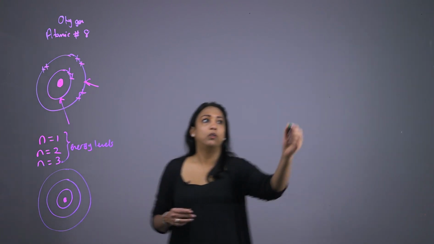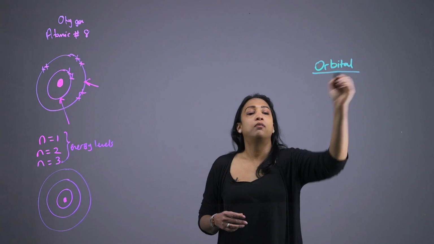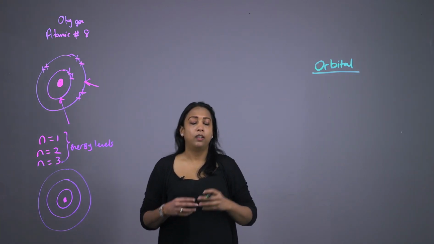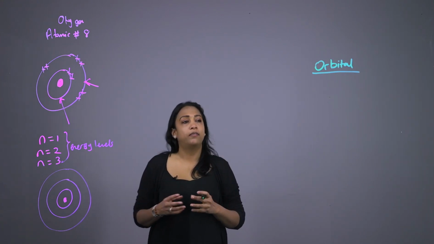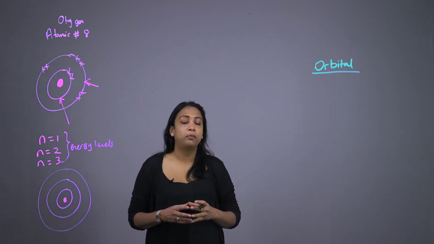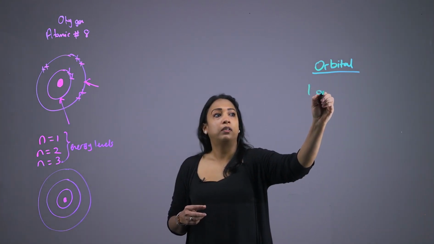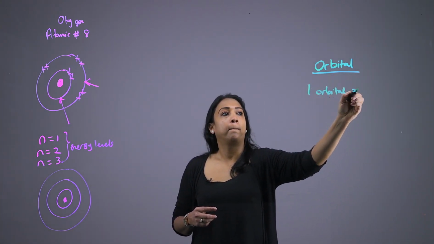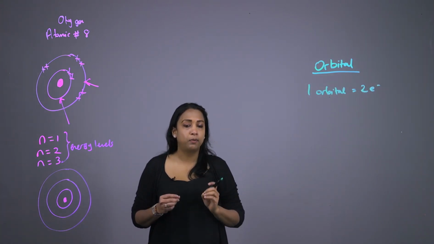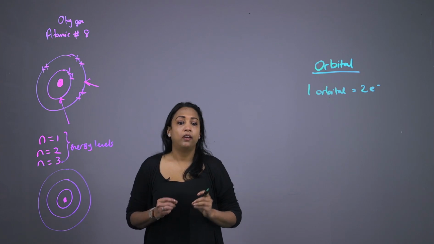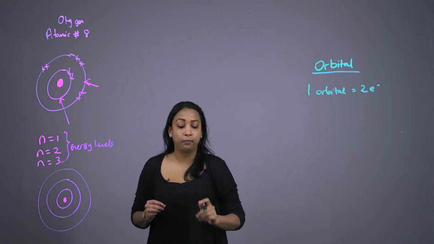Now, an orbital, as we mentioned before, is a distinct region of space around the nucleus of an atom where there is a high probability of finding an electron. Now, one orbital can house a maximum of 2 electrons. And there are a variety of shapes which orbitals can present.